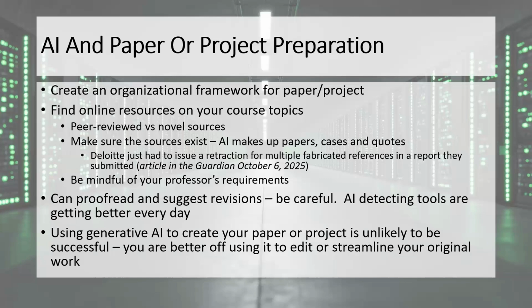There's concern about using generative AI from the student perspective because it's pretty easy to tell. My students sometimes try to do that, particularly with discussion posts. Here's what happens.